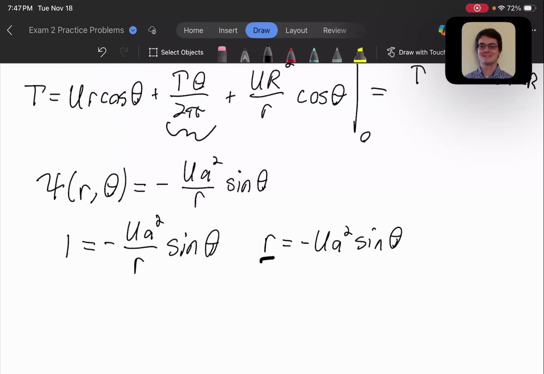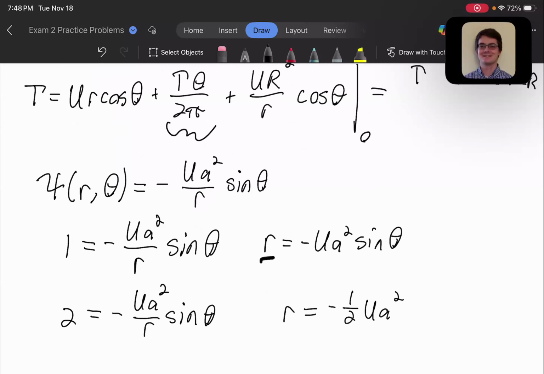If we want to do another streamline, we say maybe we're going to use 2, and we do the same thing. We have 2 equals negative u a squared over r sine theta. And so now this other streamline is 2r equals, well, I guess we'll just make it consistent, r equals negative 1/2 u a squared sine theta, and so on and so forth.